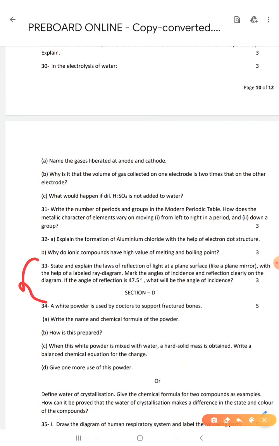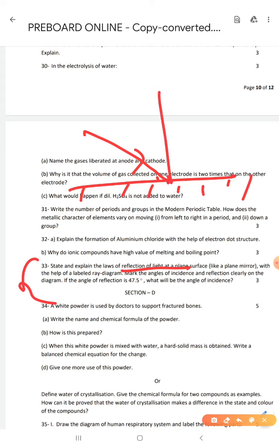Now the question was on reflection of light. We have to talk about the laws of reflection. Suppose this is a plane mirror and this is the incident ray. From the point of incidence I will draw the normal, and this is the reflected ray. The first law is that the incident ray, reflected ray and normal all lie in the same plane.